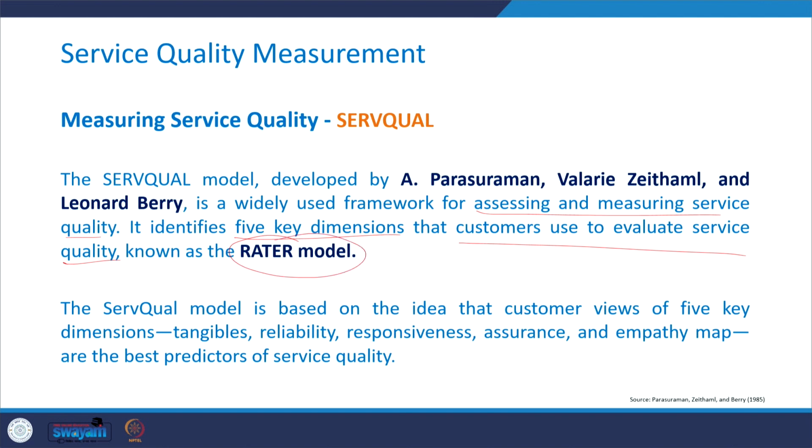So, the Servqual model is based on the idea of customer views of five key dimensions. RATER stands for five different attributes: R for responsiveness, A for assurance, T for tangibles, E for empathy, and then again R for reliability. Just to make it more memorable, they call it the RATER model.